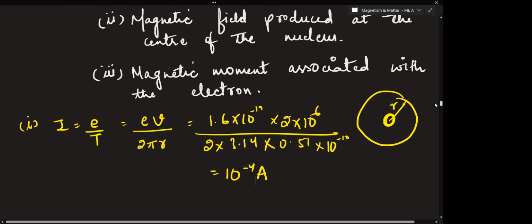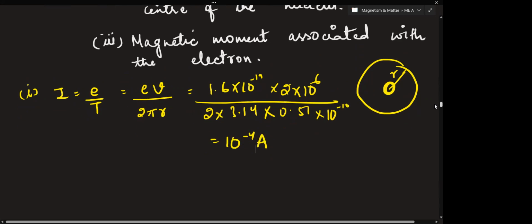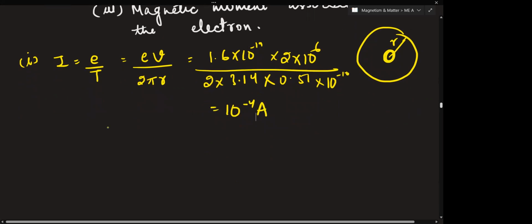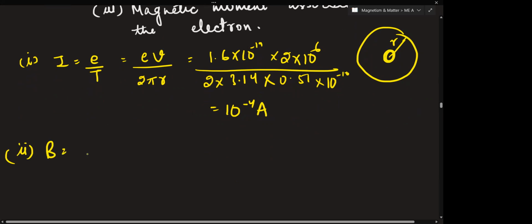That's the current. Now, the second part says the magnetic field produced at the center of the nucleus. At the center of the nucleus, it's basically like the center question that we did. Remember, we had derived the magnetic field at the center of a circle. So the formula we'll be using is mu naught I divided by 2r.